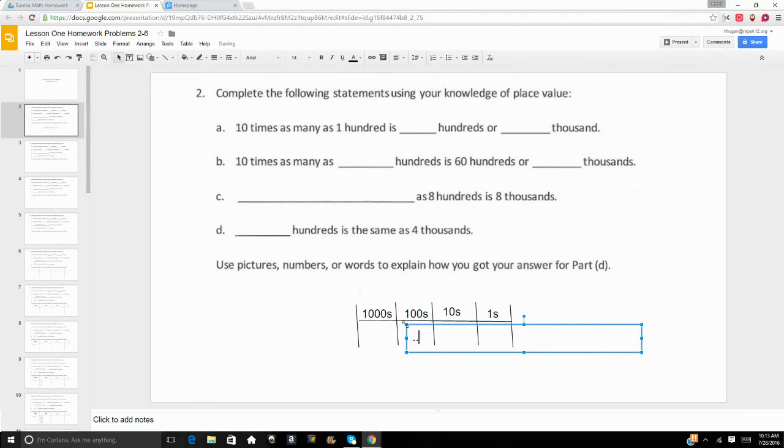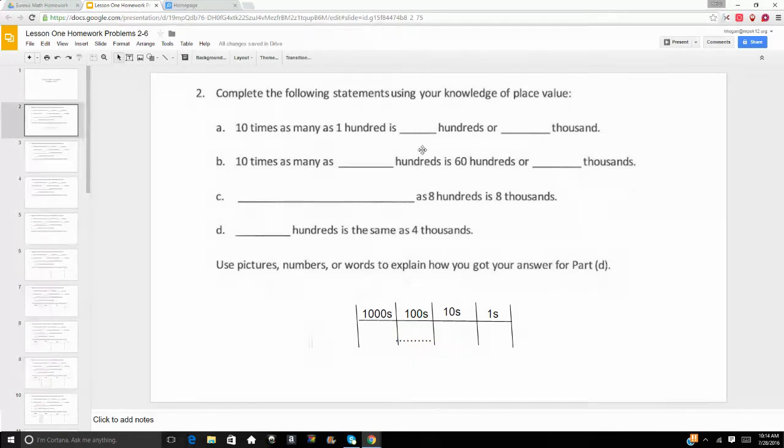I'll count by 10: 100, 200, 300, 400, 500, 600, 700, 800, 900, 1,000. How many 100s make 1,000? And that is 10. So there are 10 hundreds or 1,000.